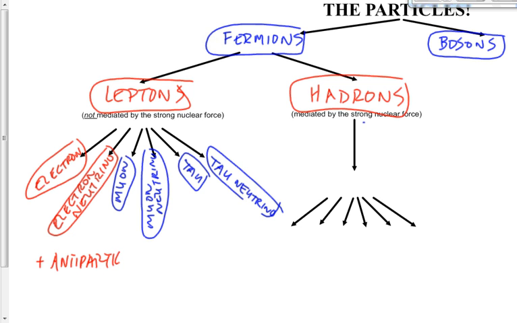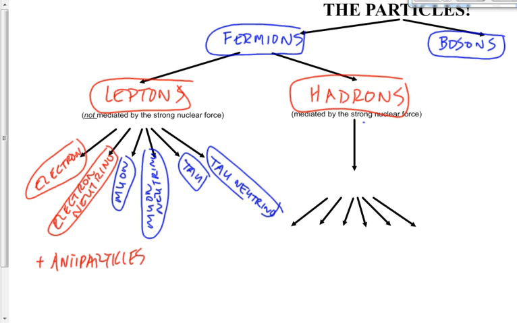What would be the antiparticle of an electron? You guys know this. What's the antiparticle of the electron? The positron. What's the antiparticle of the electron neutrino? The electron antineutrino. We'll just call it the electron antineutrino, or oftentimes we just call it the antineutrino. The antimuon, the muon antineutrino, the anti-tau, the tau antineutrino.